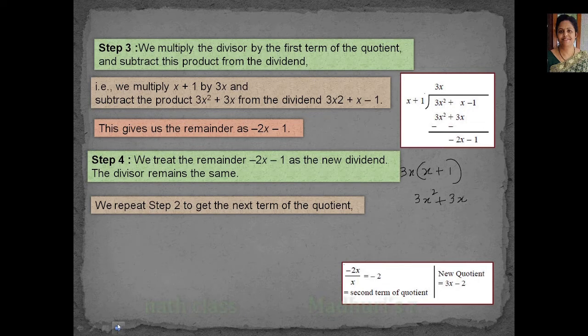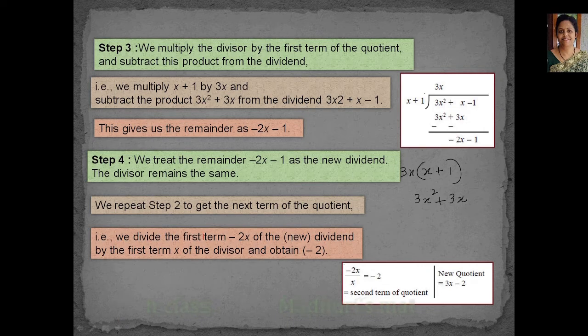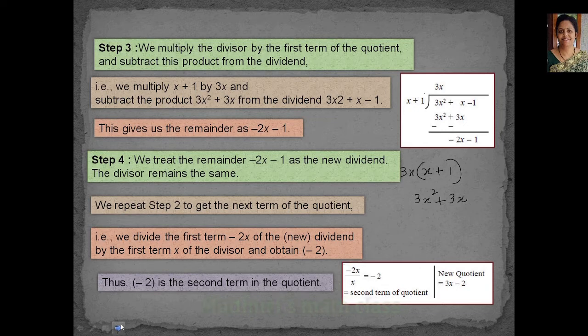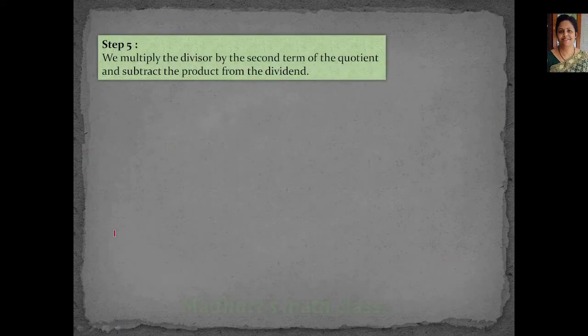We repeat step 2 to get the next term of the quotient. That is, we divide the first term negative 2x of the new dividend by the first term x of the divisor and obtain negative 2. Thus, negative 2 is the second term of the quotient. Step 3.